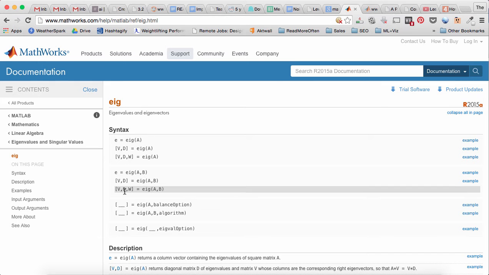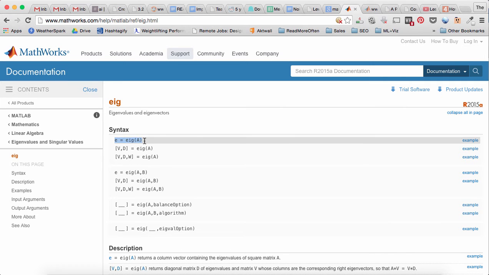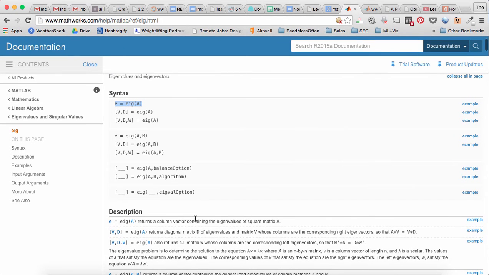If we look at the documentation for the eig function, we see that if there's one output parameter, it returns this little e. The documentation says e contains the eigenvalues of the matrix A. But say I want the eigenvectors also. You can see these different function signatures.